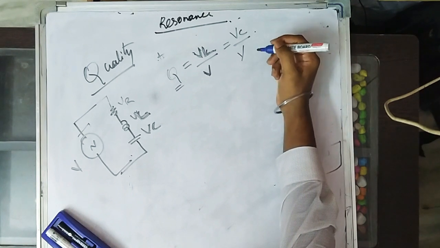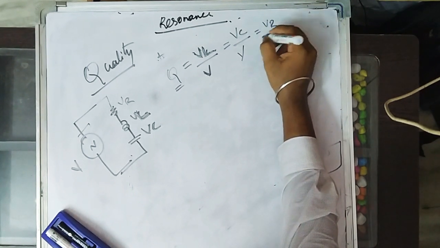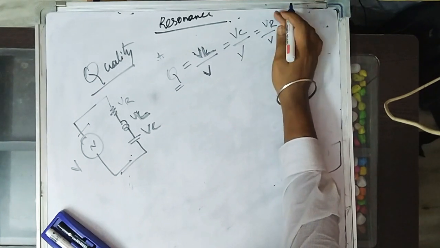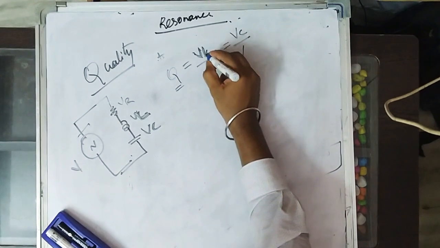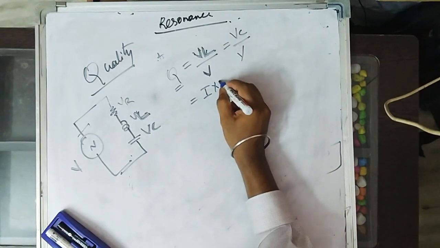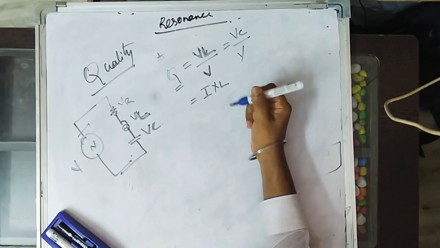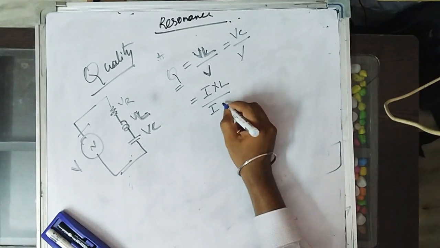But we can't take the voltage across the resistor with respect to the input voltage. Why? I'll explain that later. Now, what is the voltage across VL? Voltage across VL is I into XL. The input voltage, according to Ohm's law, is I into Z.